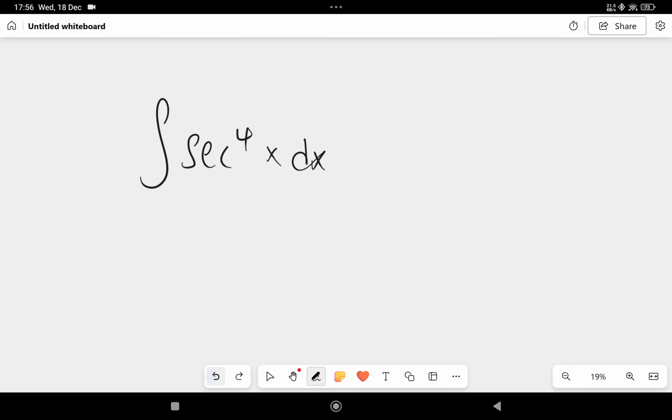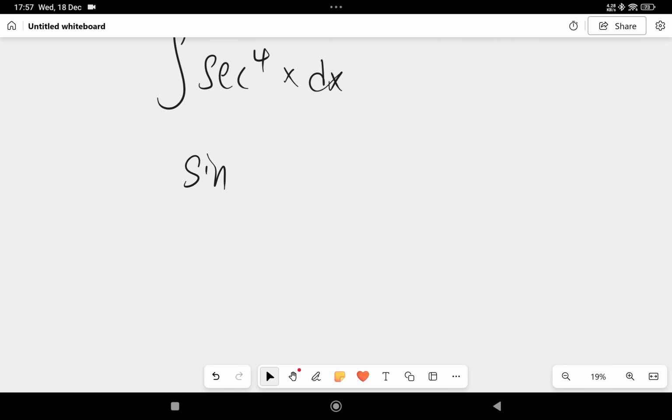So how are we supposed to do it? Well, we recall: what is the friend of secant? Before that, when we talk about sine, what are the friends of sine?